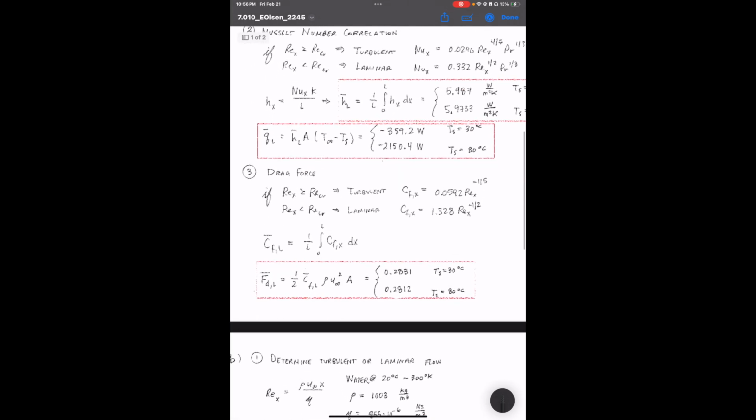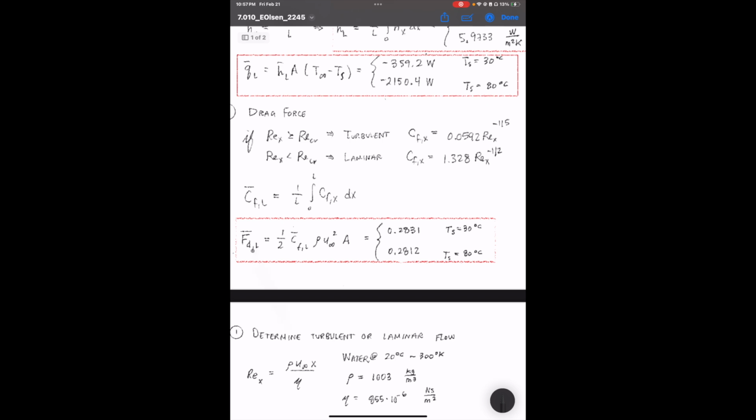To find our drag force, there are similar friction coefficient correlations for different Reynolds numbers. And so I did the same method where I calculated the friction coefficient at many different points of x, and then I integrated them together using these correlations to get our average friction coefficient.